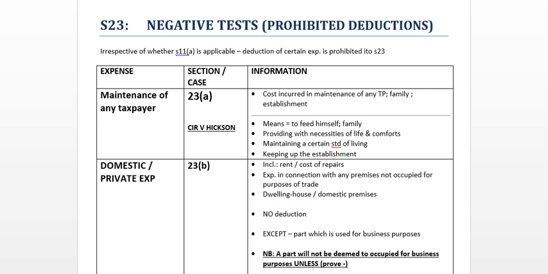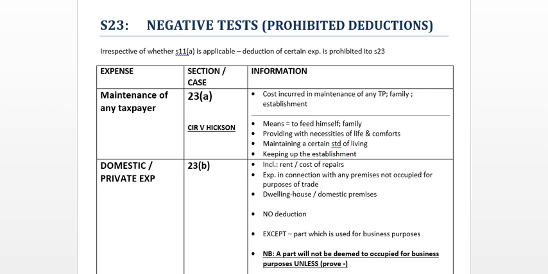So the Commissioner of Internal Revenue versus Hickson said that the means to feed himself and family, providing with the necessities of life and comfort, maintaining a certain standard of living, keeping up the establishment. So this is your private cost, it's your private expenditure. It's not really allowed as a deduction.